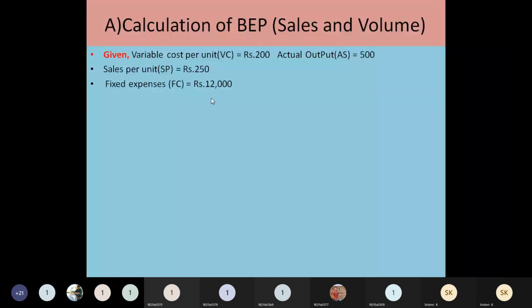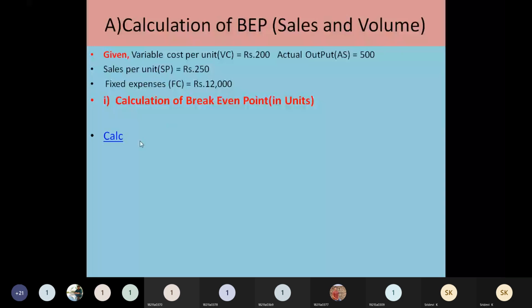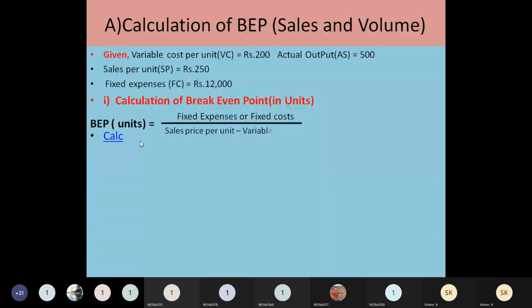Okay. So you know how to calculate the break-even point in units and rupees. Use the same formula. BEP in units is equal to fixed expenses divided by selling price minus variable cost, the same formula we used in the previous problem.